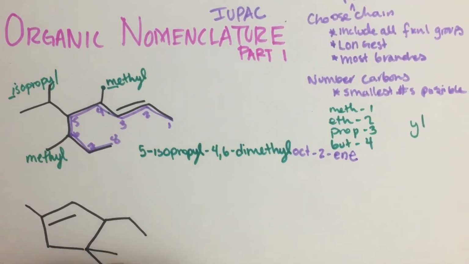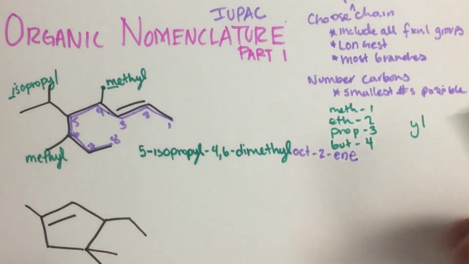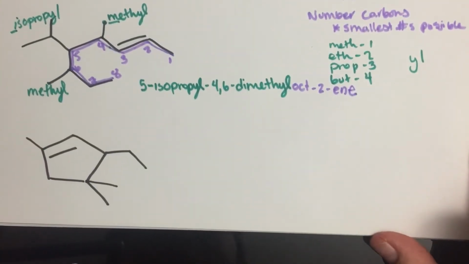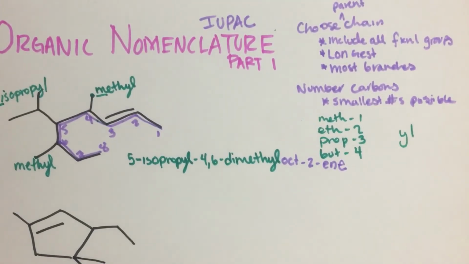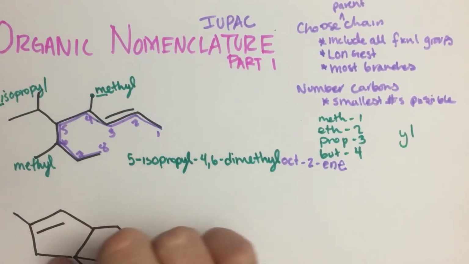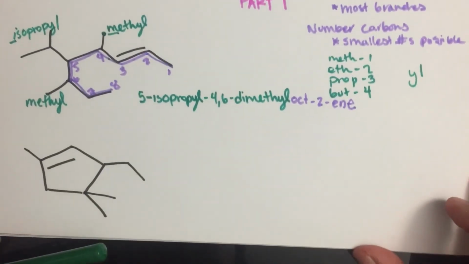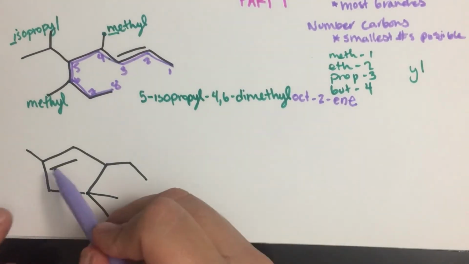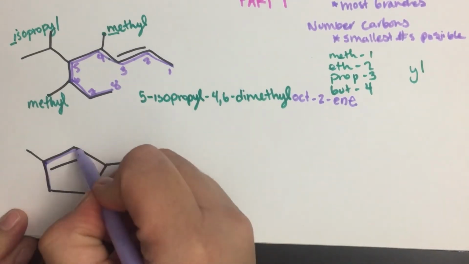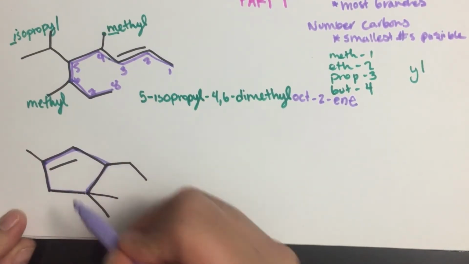Okay, next, let's try another example. Alrighty, now with a cycle. The first step, as you know, is to pick your parent chain. If you have a cycle, you need to check if in that cycle you have all your most important functional groups there, which in this case is this double bond. So yes, that's where we have it. Okay.